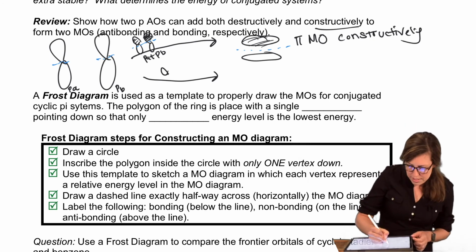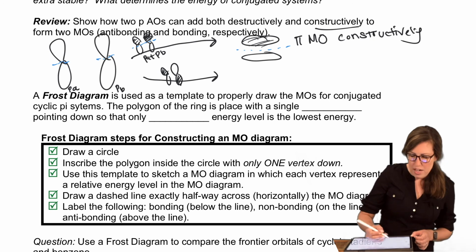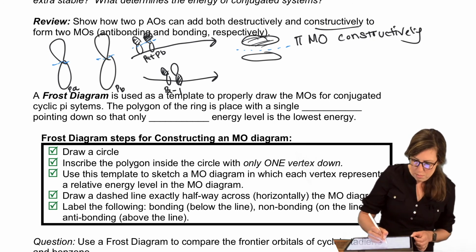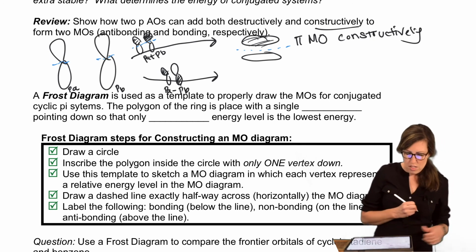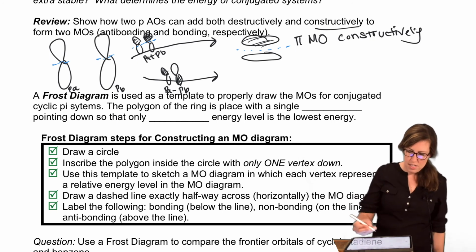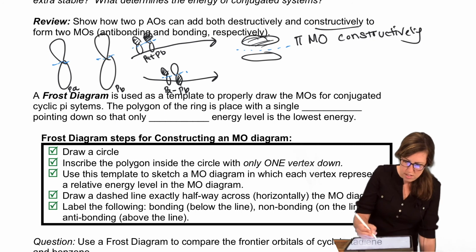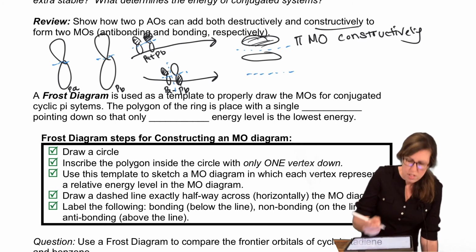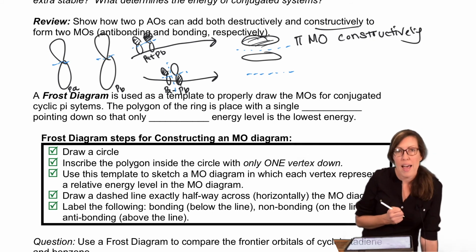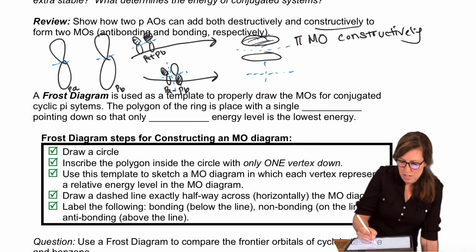But if they're out of phase, that's another way we can add them. Keep that one up and have them add opposite. That would be PA minus PB. So we already have the node here. We're always going to have this one. But we introduced a new node there because they can't add in that spot.